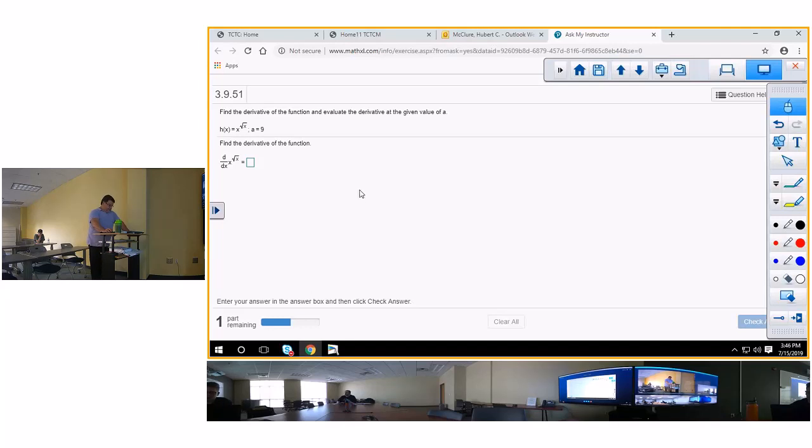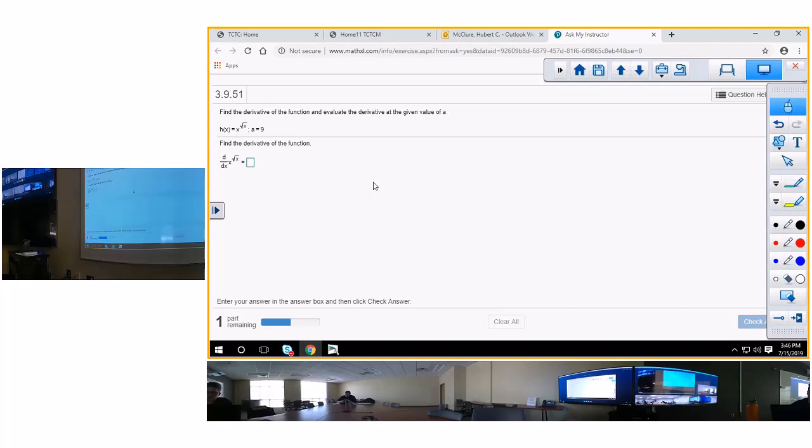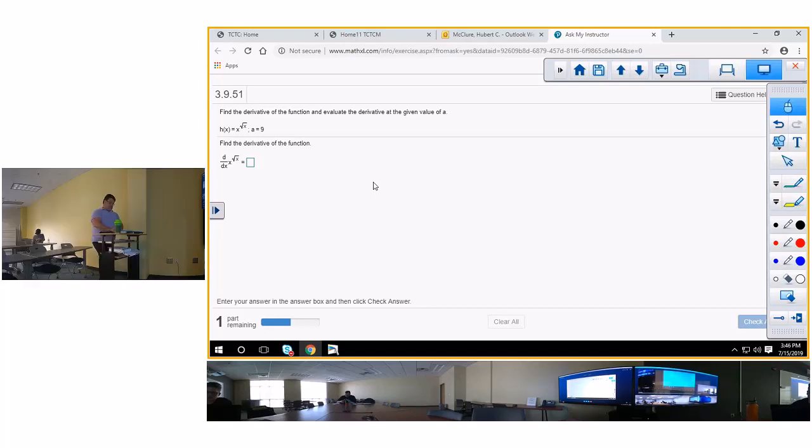First thing I would do is rewrite it. And then I would rewrite it as a natural log. I did this problem, but I can't even find it. I think that's it right there. I took the natural log of both sides.